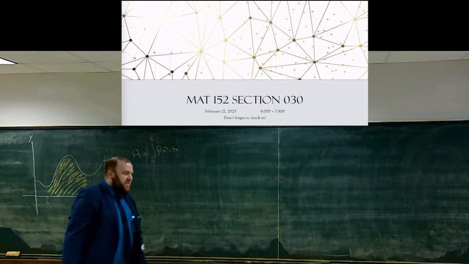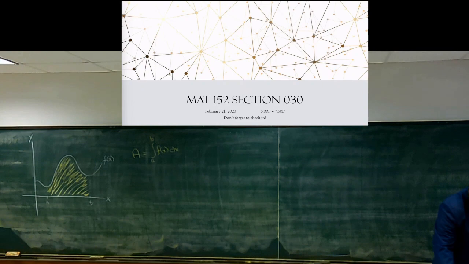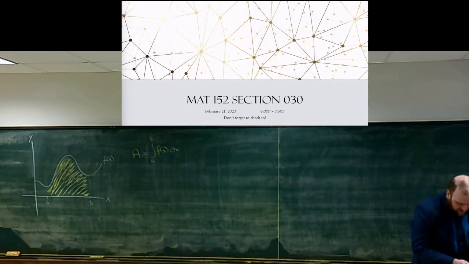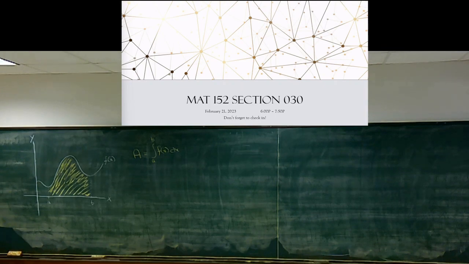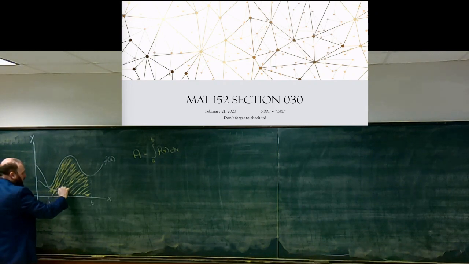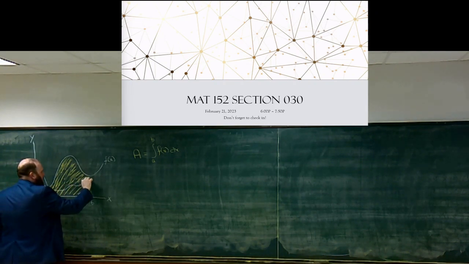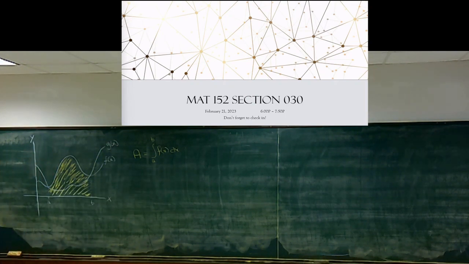That's your area. All right. I'm just getting two different colors. Let's say there is a new function g of x.